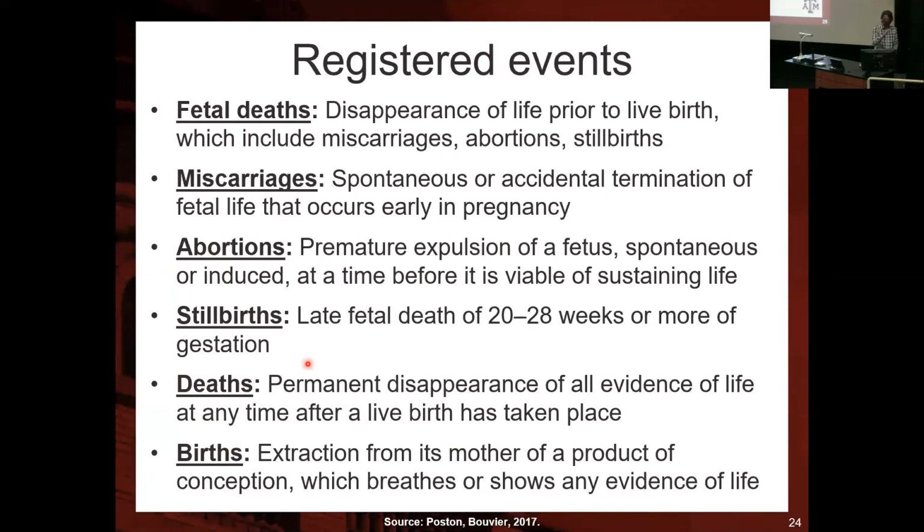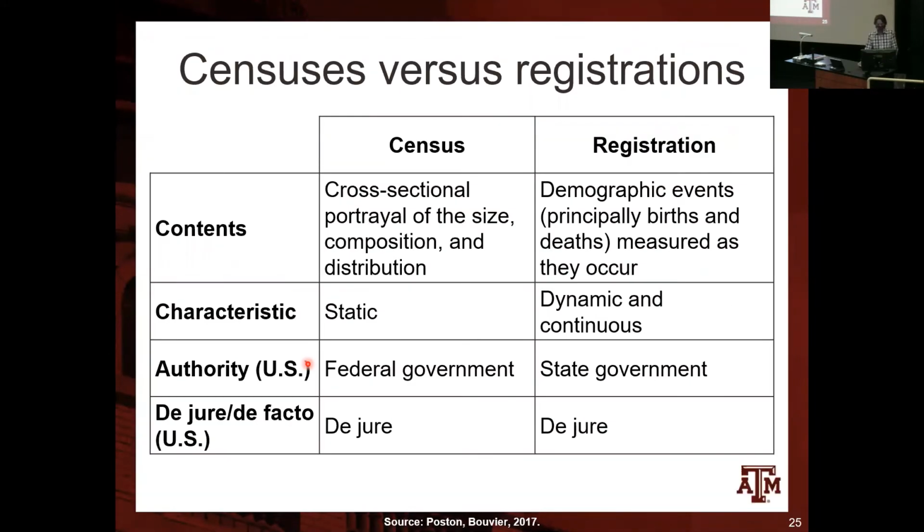So just to compare the censuses and vital registrations. The censuses are cross-sectional. Remember the Lexis diagram that we saw at the beginning of the course? We collect data for a specific year, for a specific population, for people in all different ages. And this data for that specific year crosses different cohorts.